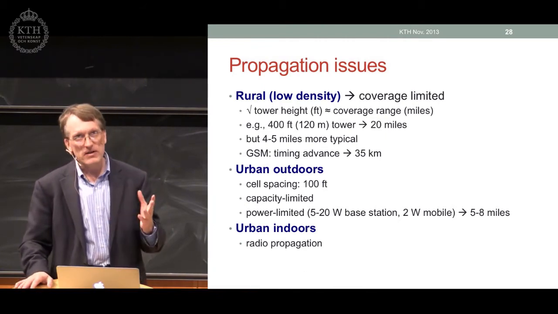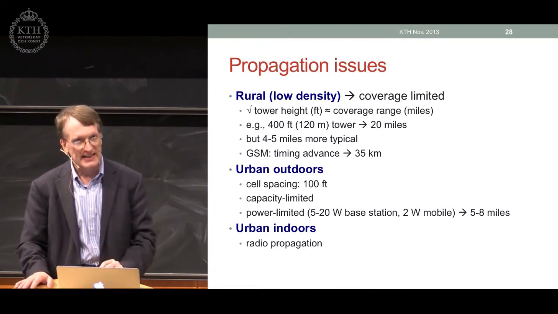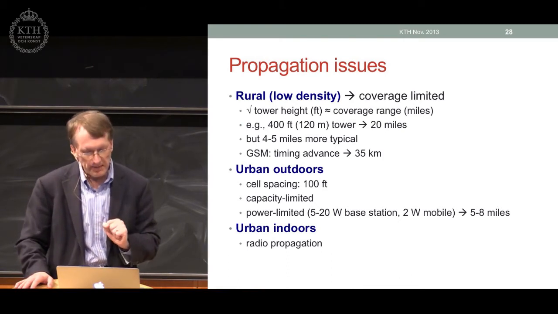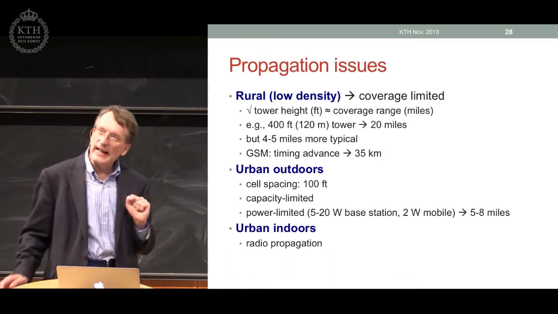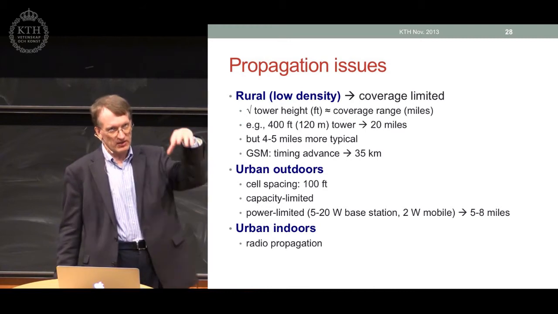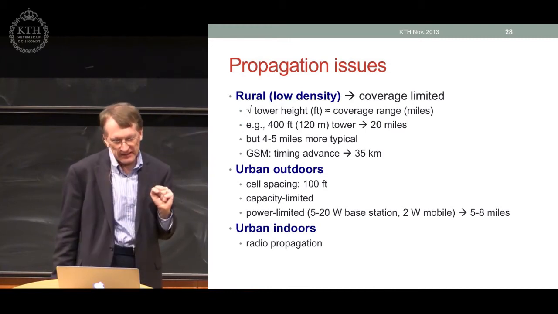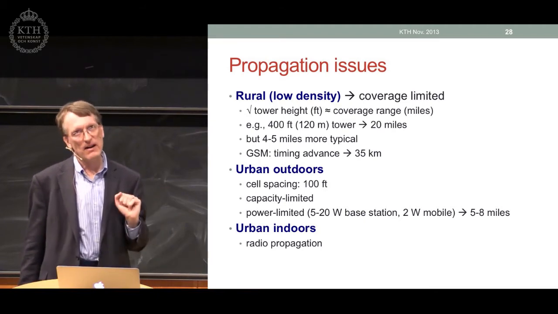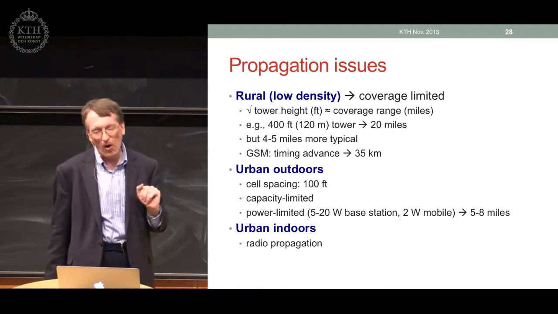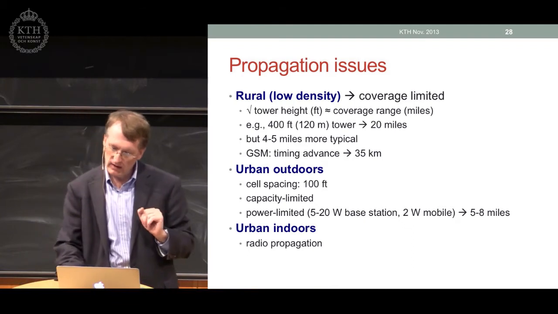Urban, you need lots of cell towers because of capacity, so you don't care as much about propagation. But indoors, you again care, because you can't put a cell tower in each home. Probably not, you wouldn't appreciate that. And so you need radio waves that propagate through walls and windows, for example.